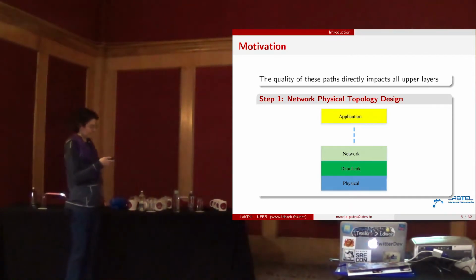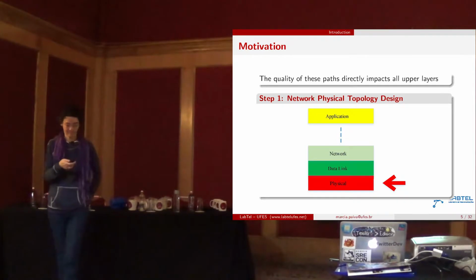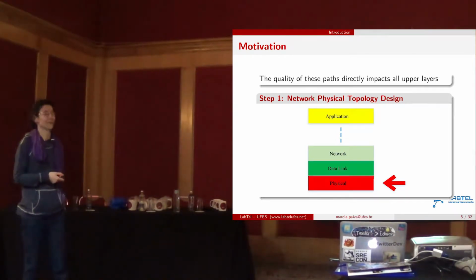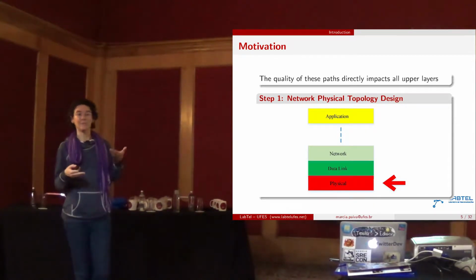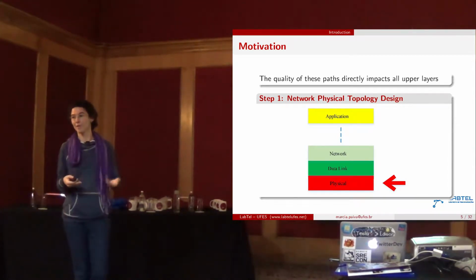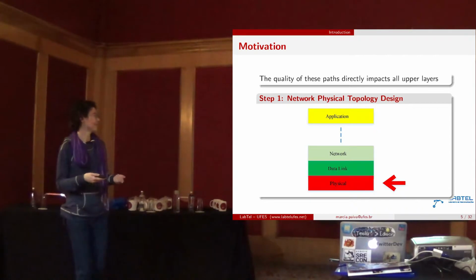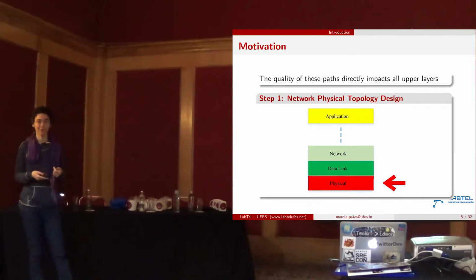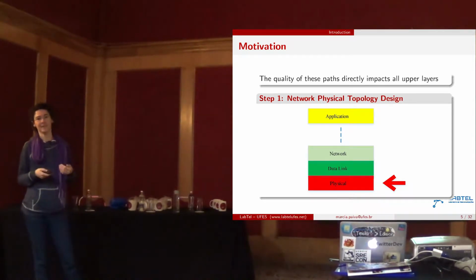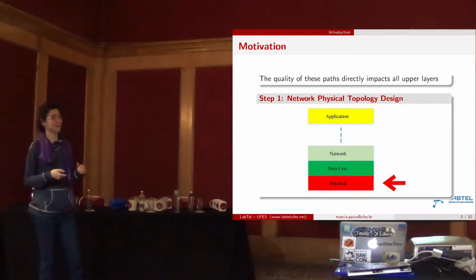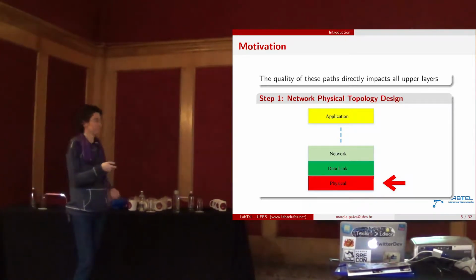This is why we are worried about the physical topology, because everything is limited by the results of the physical topology. So now our talk will be about the design, particularly focused on the physical part of the network, the infrastructure.